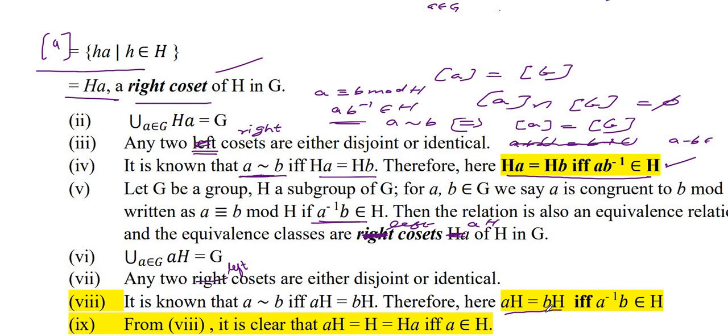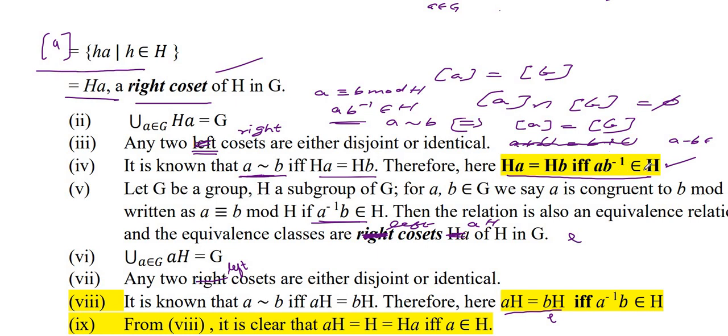Now, as a consequence of this, we can make use of these two. So we have AH is equal to EH, say. Instead of B, suppose we have E. Then in that case, AH is equal to H. And here also, instead of B, you have E. Then HA is equal to H. So B is nothing but E, you have taken that to be the identity element.